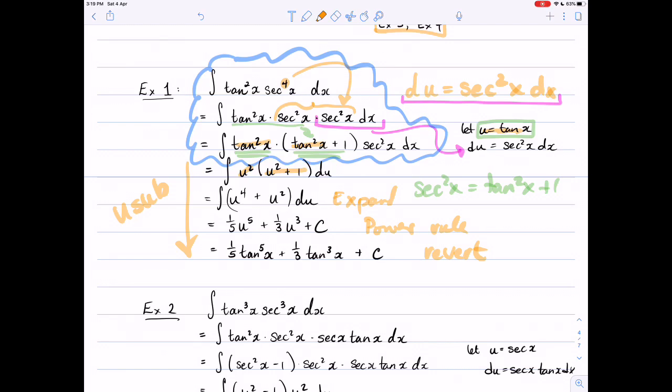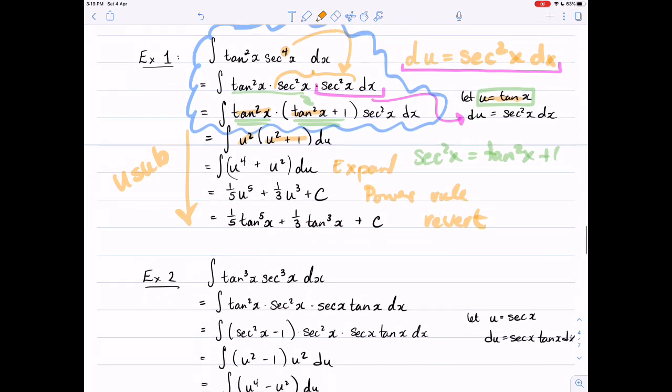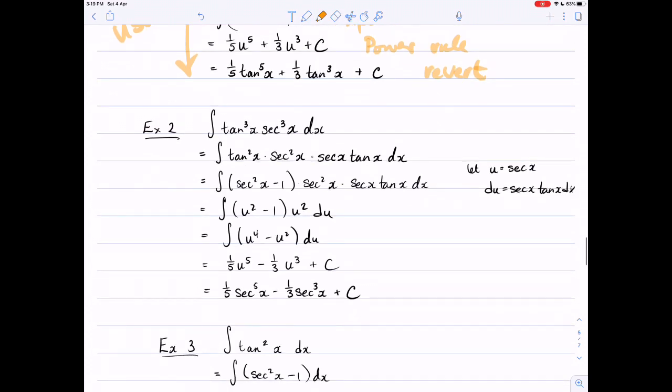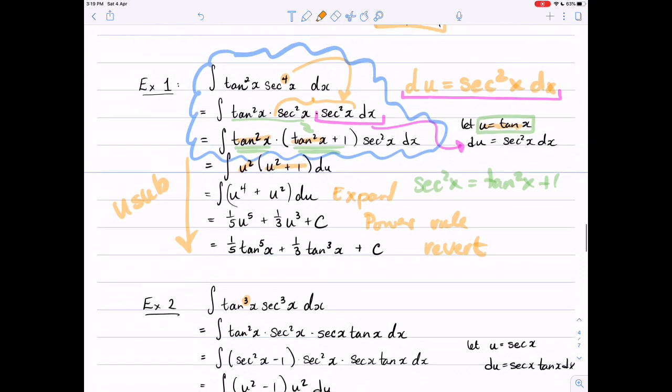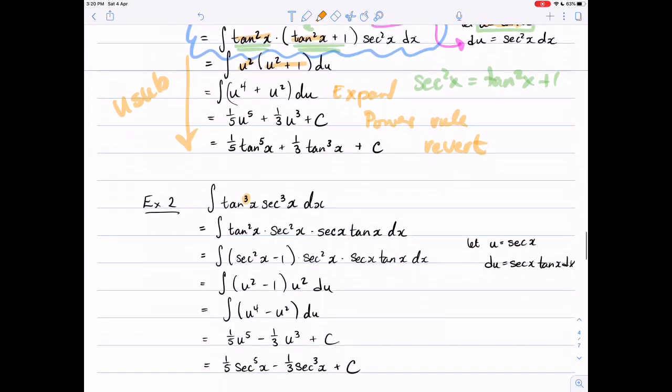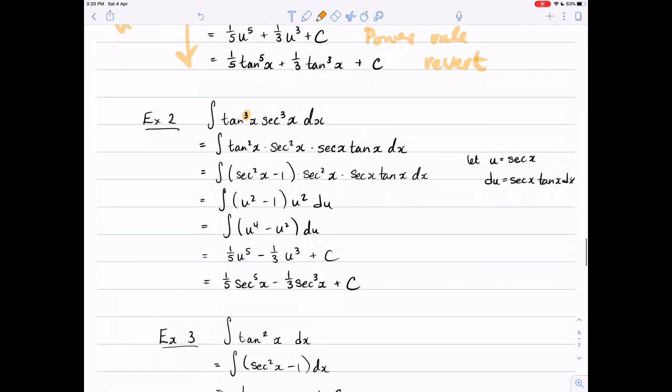All right. Example 2 was when the tangent power is odd. Right? So we just had secant being even, tangent being odd, and it's the same game. It's the same game, except now you pull out secant tangent. You pull out secant tangent, and you're imagining that that is going to be your du, right?